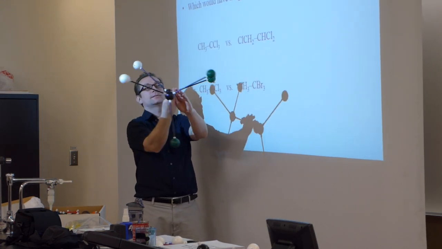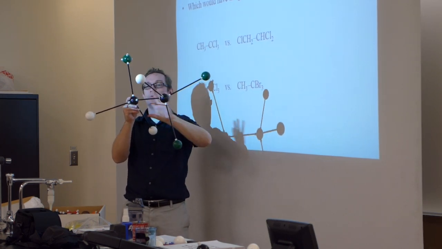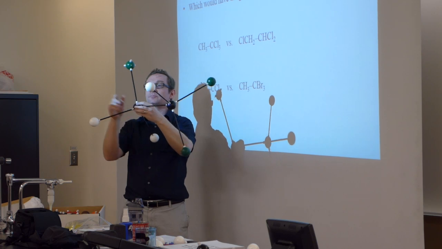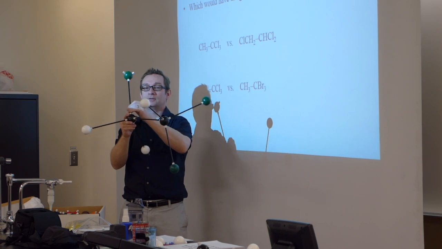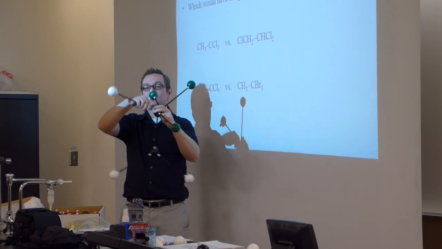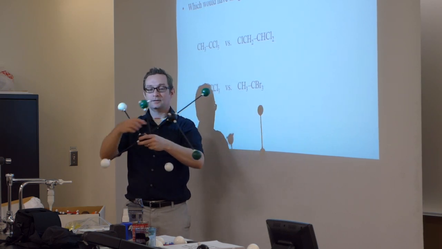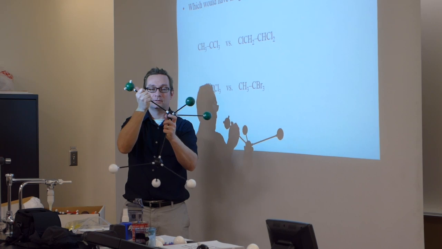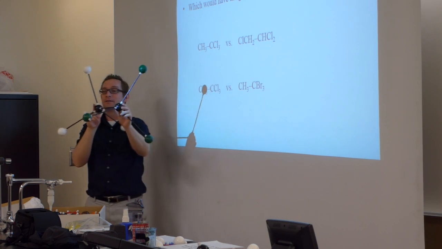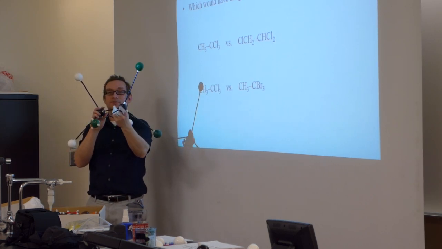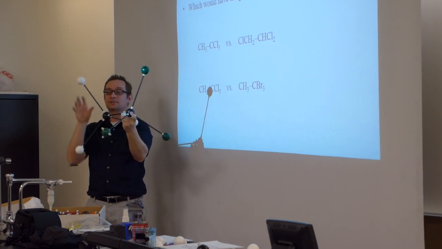You've got this chlorine here, but these chlorines are pulling more. Two big chlorines here are stronger than this one chlorine here. However, if I replace this chlorine and put it over here, okay, now I'm on the molecule on the right. Clearly, this one has more asymmetry. All these chlorines now are just overwhelming these hydrogens, and these hydrogens are just getting left out in the cold.